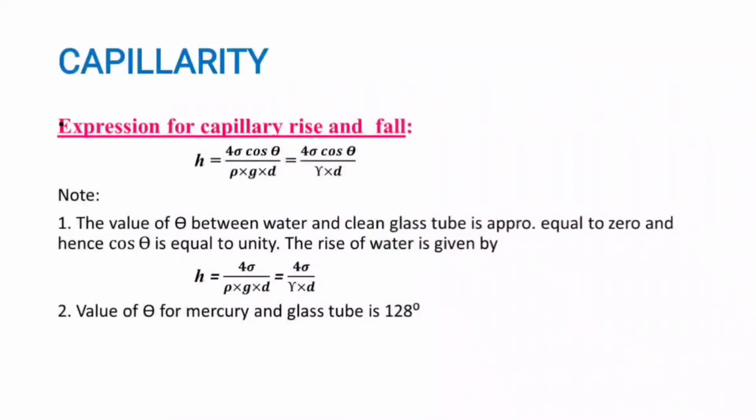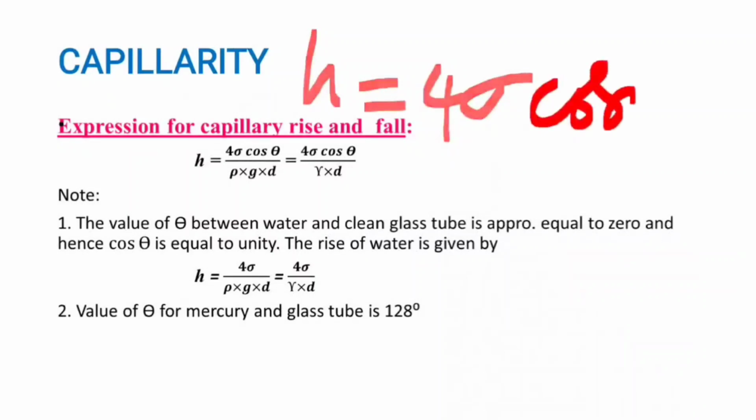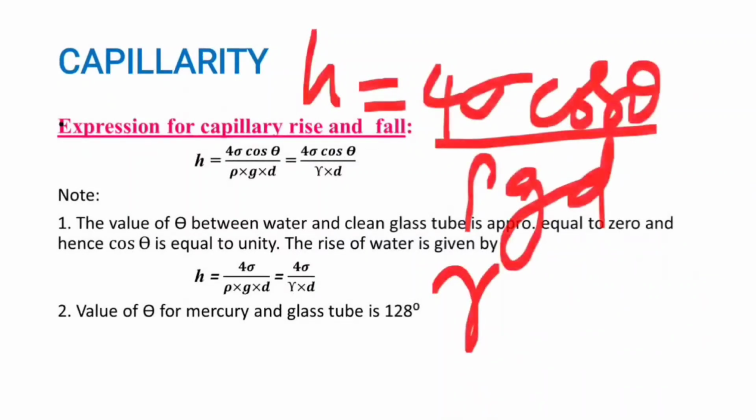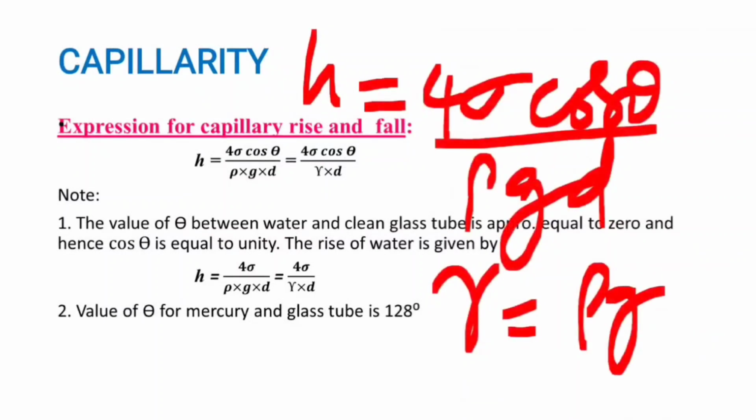Expression for capillary rise or fall: the same formula, h equals 4 sigma cos theta by rho g d. Rho g is gamma, so in place of rho g you put gamma: 4 sigma cos theta by gamma d. In the capillary rise condition, theta will be approximately 0, so cos theta will be 1.